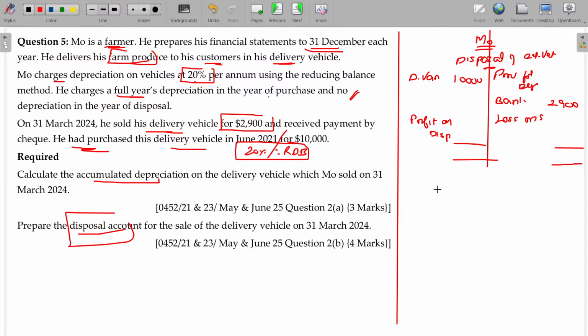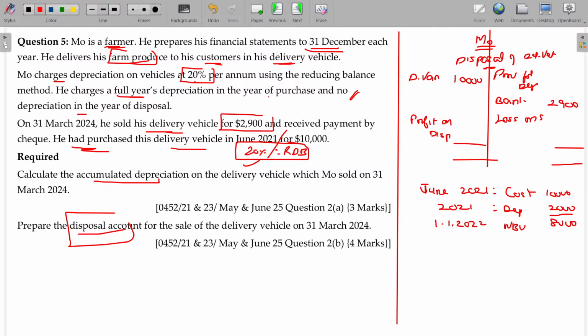So now we have to find out what the net book value on sale is. June 2021, cost being 10,000. For the year 2021, you have to claim the depreciation at the rate of 20% on this, 2,000, so 8,000 is the net book value on 1/1/2022.